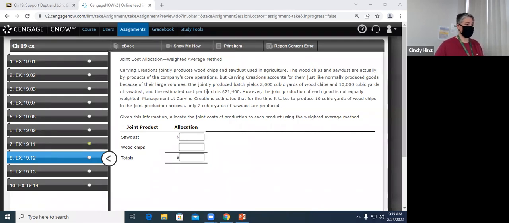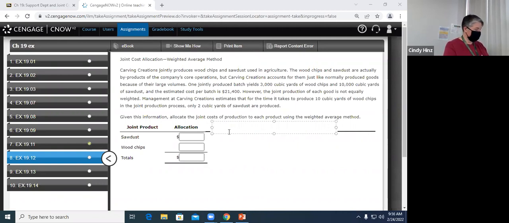Carving Creations jointly produces wood chips and sawdust used in agriculture. The wood chips and sawdust are actually byproducts of the company's core operations, but Carving Creations accounts for them just like normally produced goods because of their large volumes. One jointly produced batch yields 3,000 cubic yards of wood chips. So let me put this here.